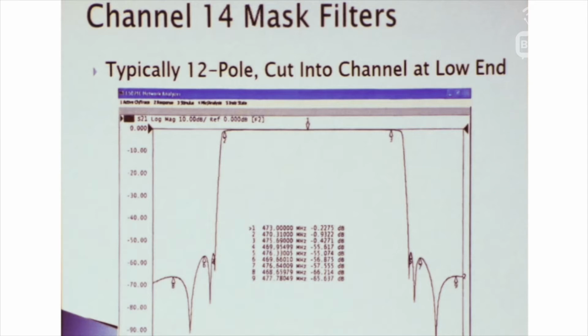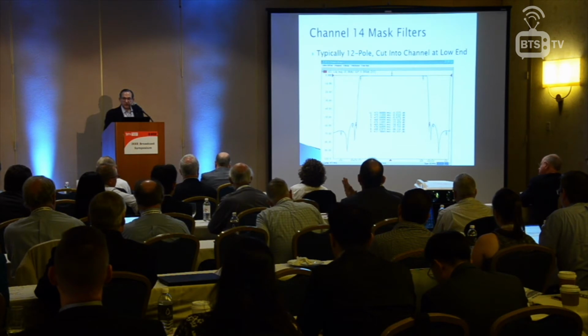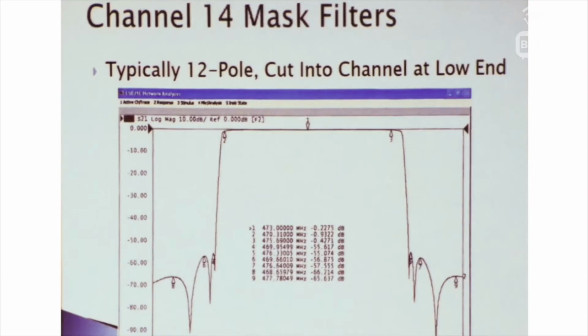In the case of the lower edge of the channel on channel 14, this marker is where the ATSC 1.0 pilot is. And so what's happening here is that the filter starts to drop precipitously just below the pilot, and you're essentially cutting off the lower sideband, the vestigial sideband that's below that pilot, with the objective of having a first null right at the channel edge, so that you get a very sharp reduction and a very small minor lobe coming back up.